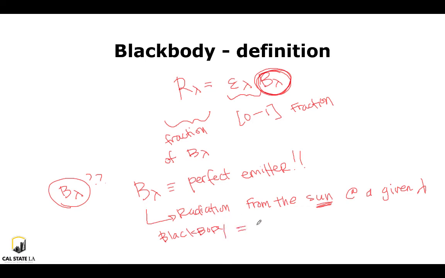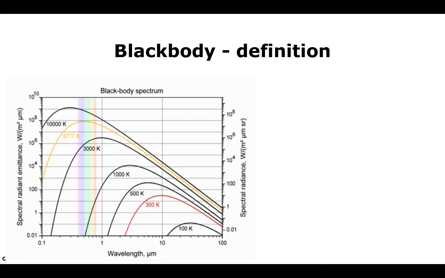The only thing that it will ever be is going to be the sun. There are some derivations in your book that use the Stefan-Boltzmann law and Planck constant in order to integrate and calculate our black body emissions. I'm just going to show this graph to explain what the black body spectrum looks like.